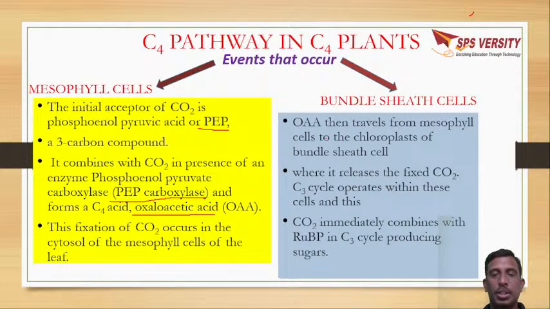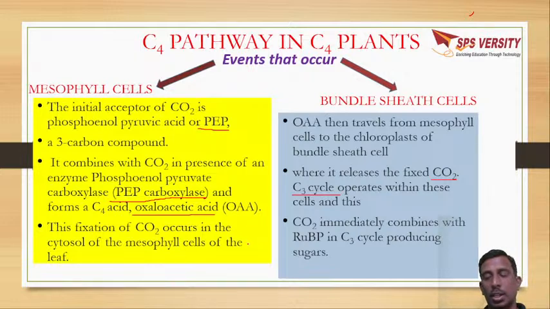In bundle sheath cell it will undergo decarboxylation and CO2 is released, which is involved in C3 cycle. Pyruvic acid is formed, which is again transferred to mesophyll cell, where it will regenerate and form phosphoenol pyruvate. So these are the events which take place in C4 pathway.